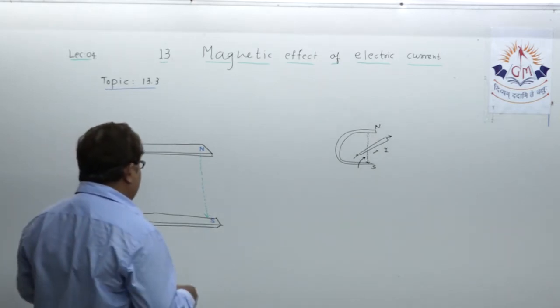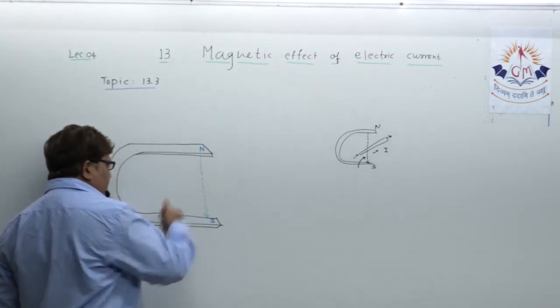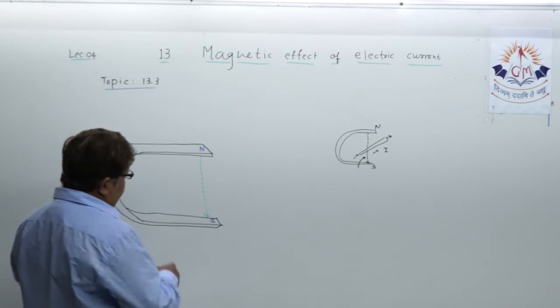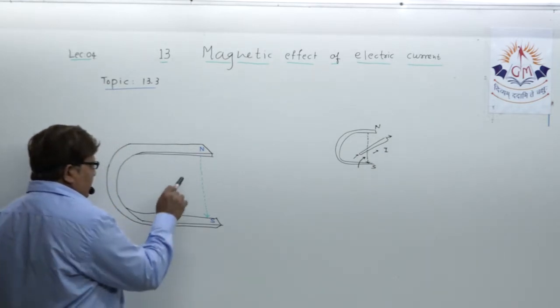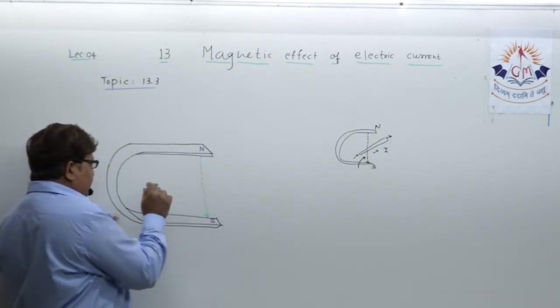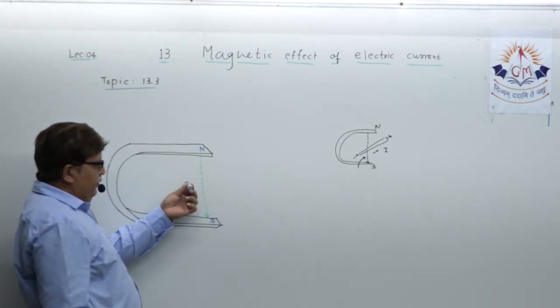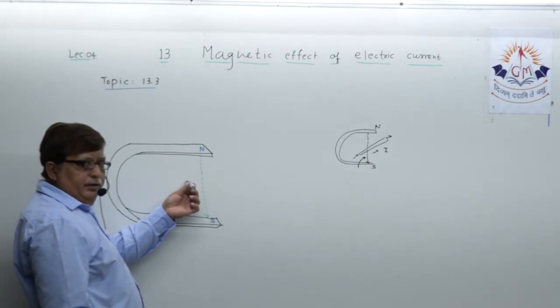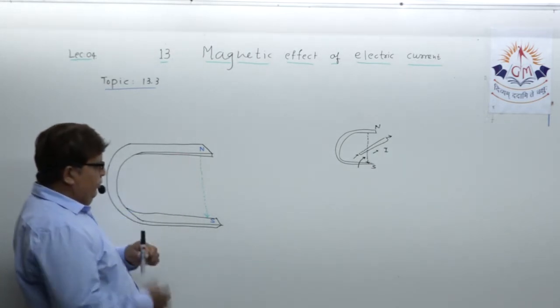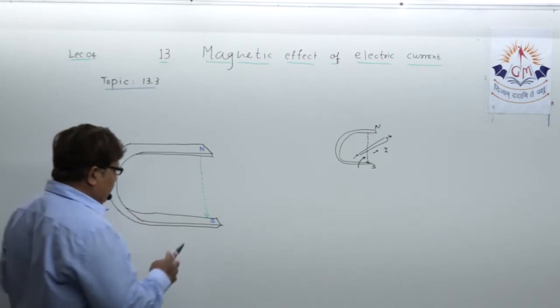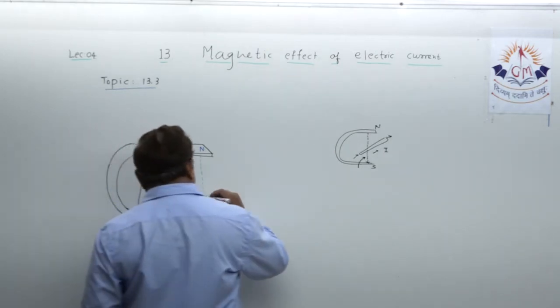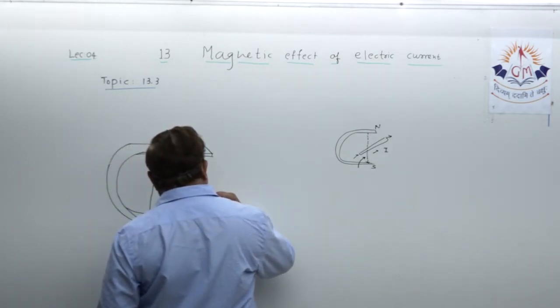Okay. Now I want to place the conductor inside. See, in a three-dimensional figure it looks different, but I am going to keep the conductor this way. So this is the conductor inside the magnetic field. But to realize it in a diagram, let us draw it somewhat like this.